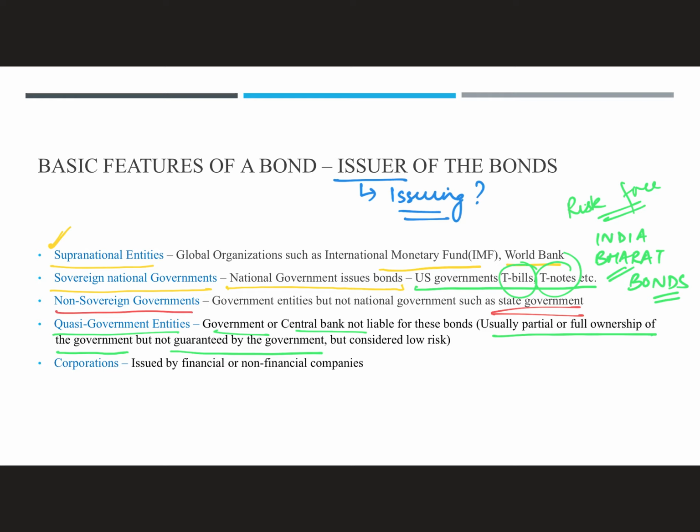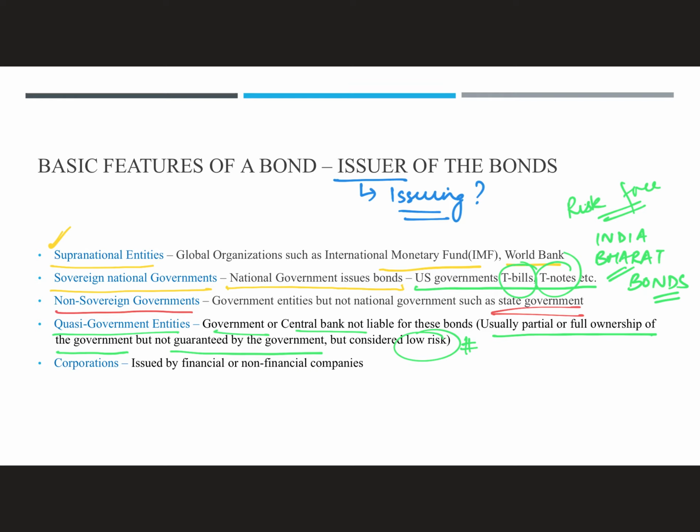But these kind of entities and the bonds they issue, they are considered low risk. Why they're considered low risk? Because historically speaking, if a government has a part ownership or full control over an entity, there is an implicit guarantee, not an explicit one, that the governments won't let these institutions fail. So that's why they are considered relatively low risk issuers, and hence their bonds are considered low risk bonds.